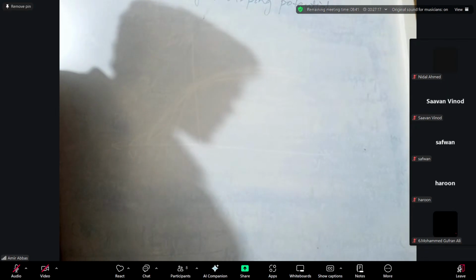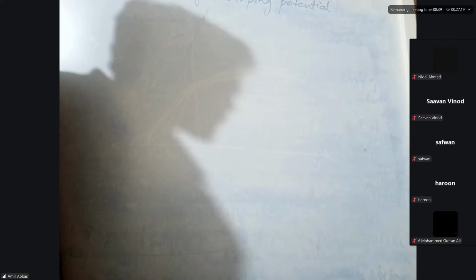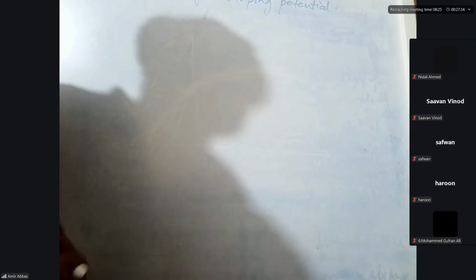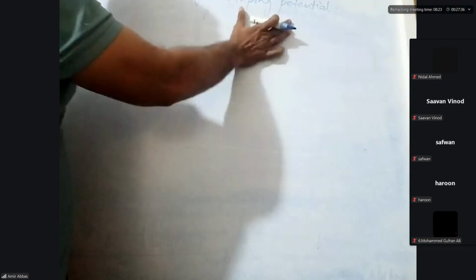This stopping potential is trying to stop those energetic electrons, which have got the kinetic energy through photons. Got it here? What is it trying to do? It is trying to stop those electrons, isn't it?